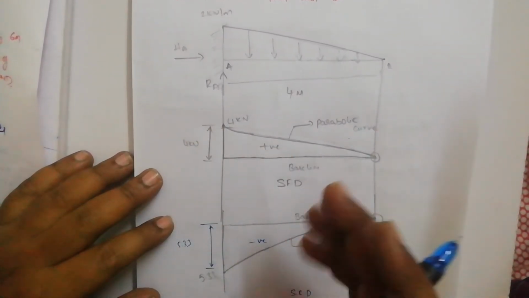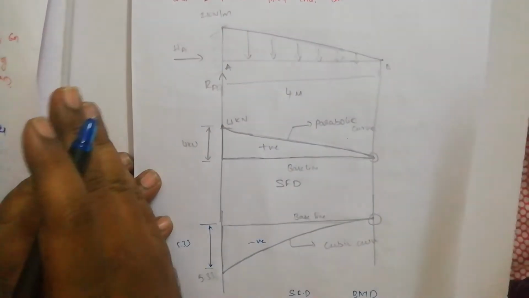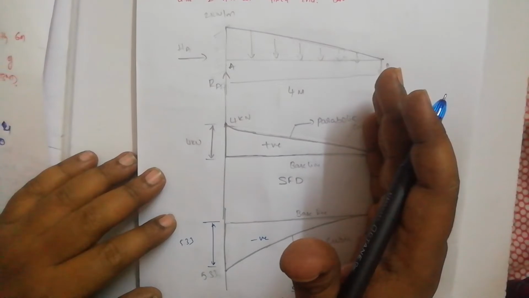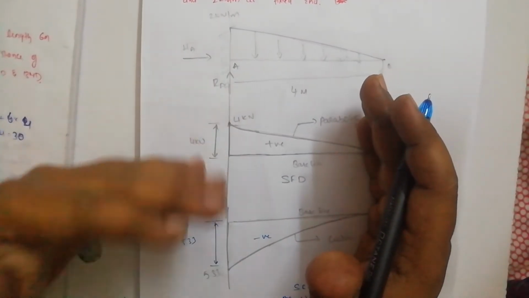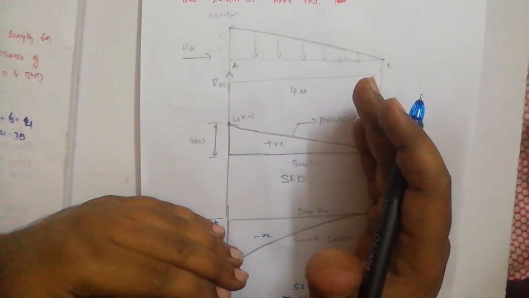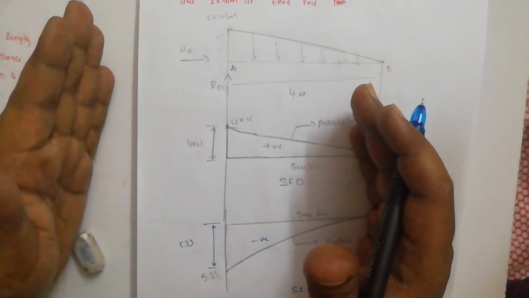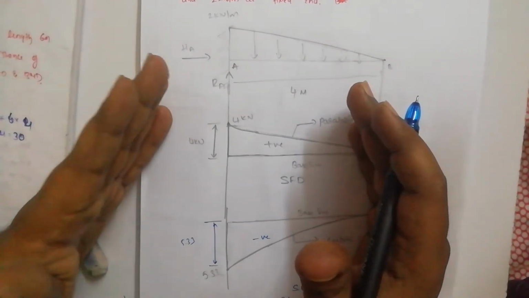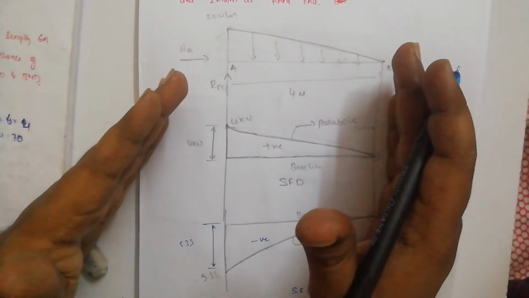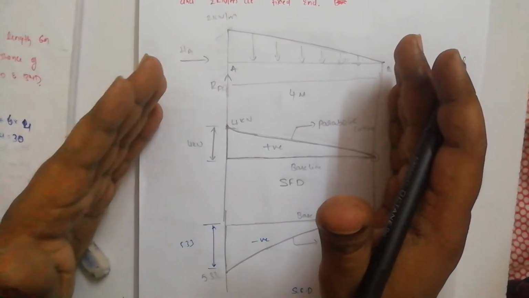Some students are asking, sir, why can't we solve from left to right? If you solve from left to right, the only thing is that your diagram will change its position. Since it is positive here, it will change to the negative direction, because the only thing we have changed from left to right or right to left is the sign convention. When solving from right to left, downward is positive, upward is negative.